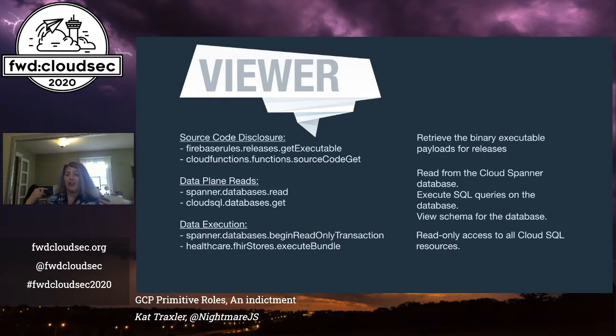A viewer can read source code. Yes, a viewer can read and download the binaries from Firebase and all the code you've uploaded to your cloud functions. A viewer can read the contents of managed databases like Spanner and Cloud SQL and can even execute SQL commands off of Cloud SQL.